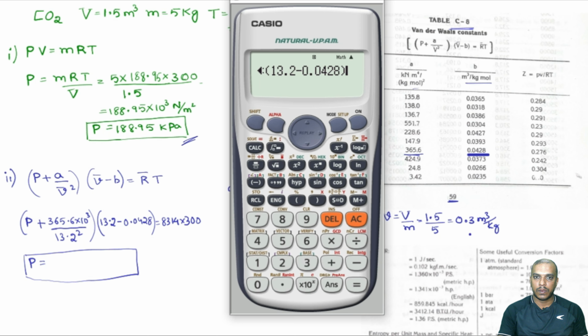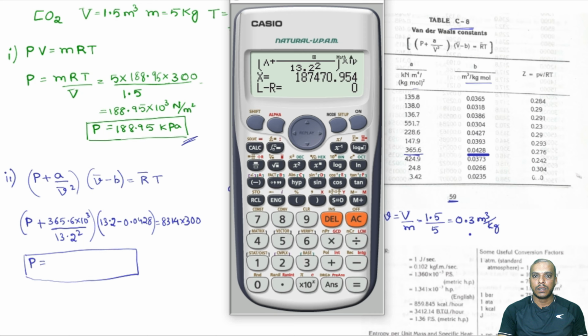Alpha equals 8314 into 300. So, we will shift solve for x equal to 0.